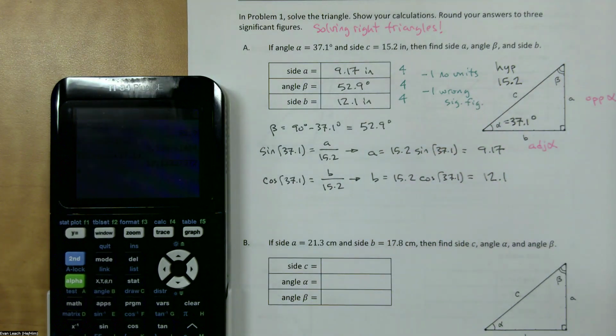If you just put two significant figures or your rounding is incorrect, that would be a significant figures error. That's a point. So if you did that on one or more of them, that would be an 11 out of 12.